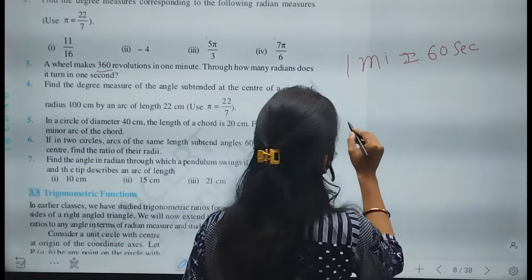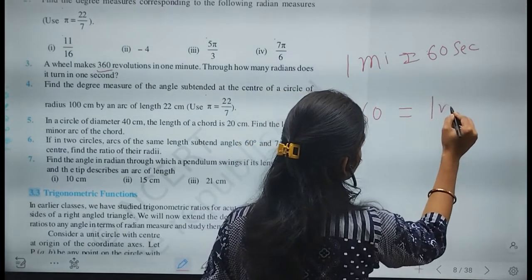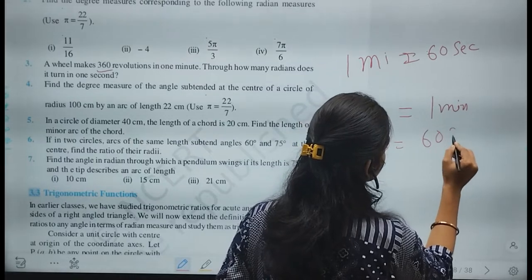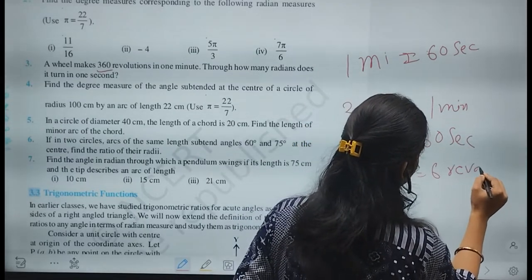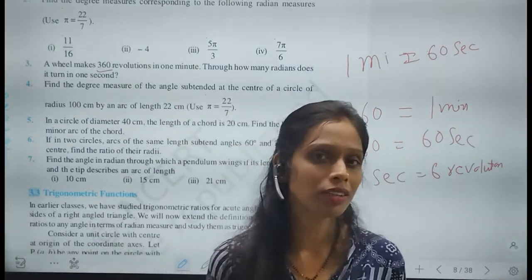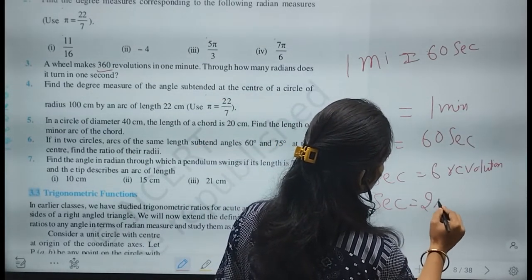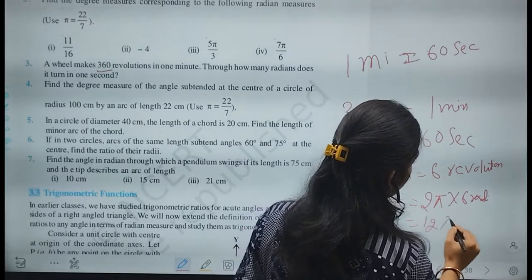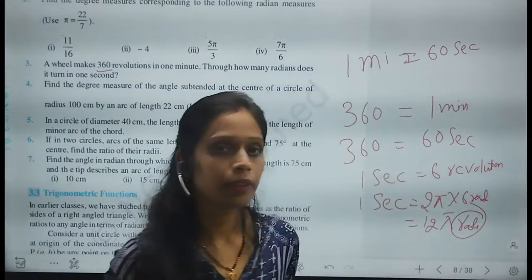If it is 6 revolutions per second, then 6 revolutions means 2 pi into 6 radian, which is 12 pi radian.